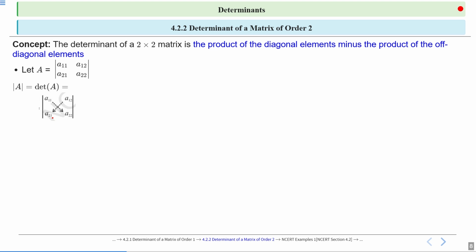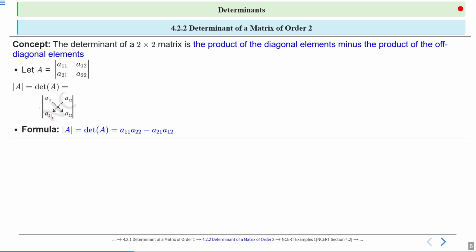So determinant of A is equal to a11 into a22, the product of the diagonal elements first, and then subtract the product of the off diagonal elements, that is a12 a21.